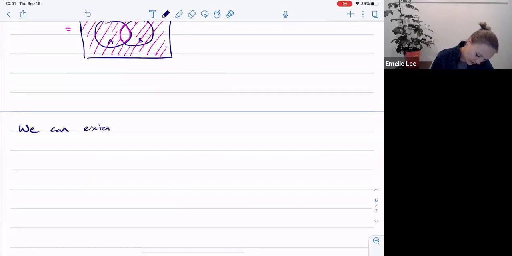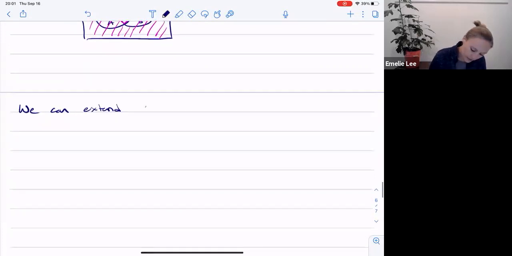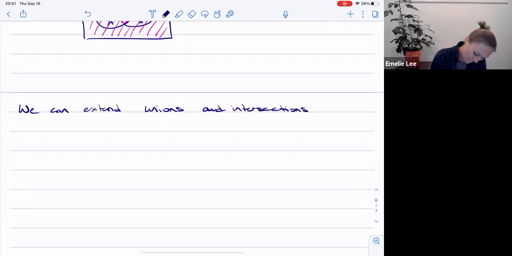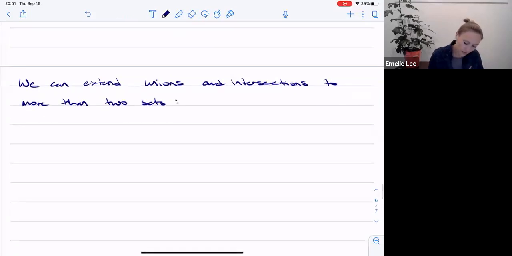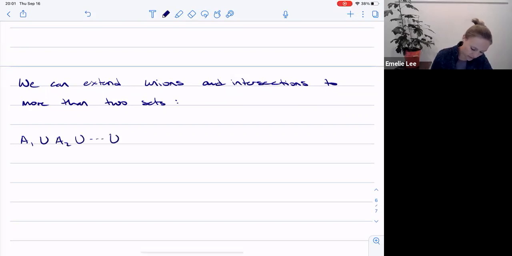We can extend unions and intersections to more than two sets. For example, if we have A1 union A2 union up to A subscript n.